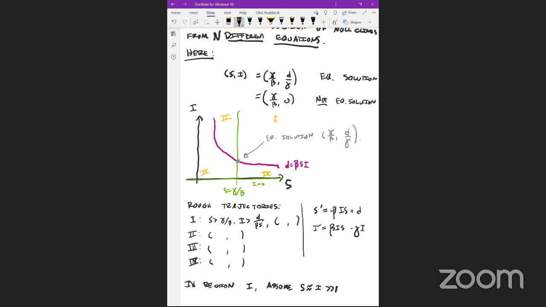That's why I can decide to take I as big as I want.